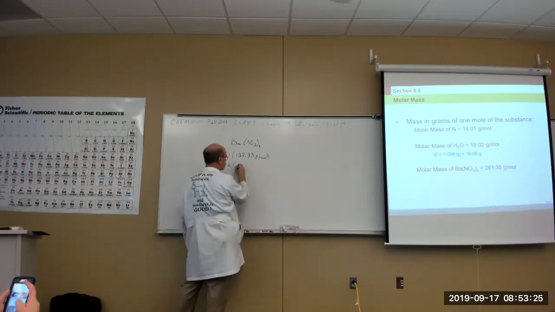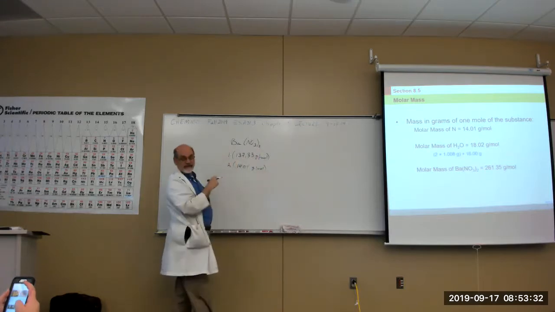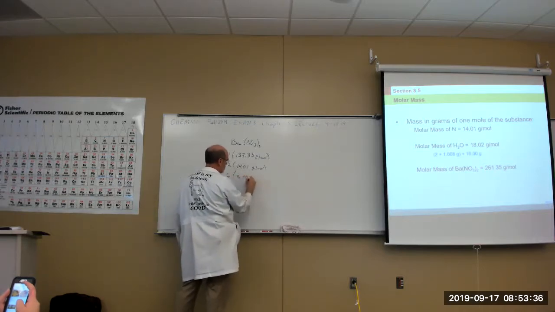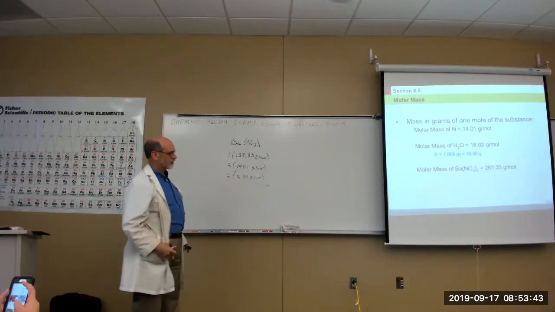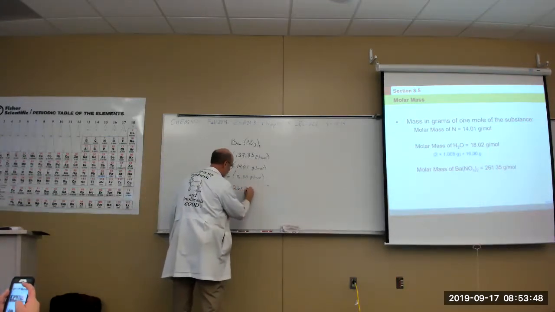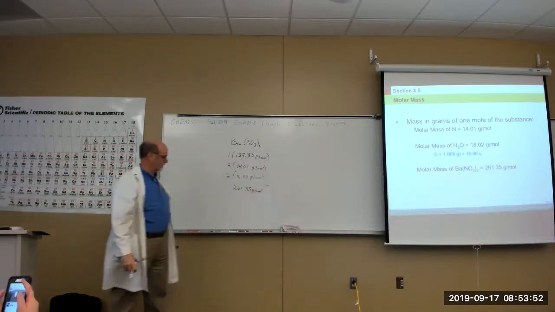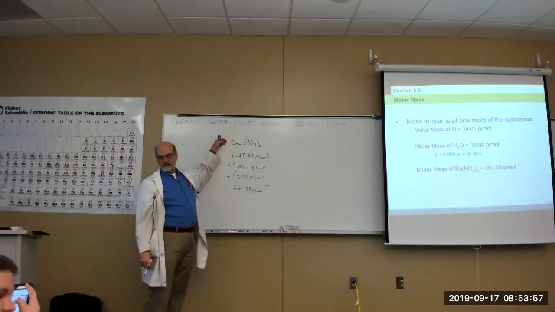So we have 2 nitrogens, which is 14.01 each. How many oxygens? 6 oxygens at 16. Okay, I just add them all up, and the answer is 261.35. So that's how much a mole of that compound weighs.